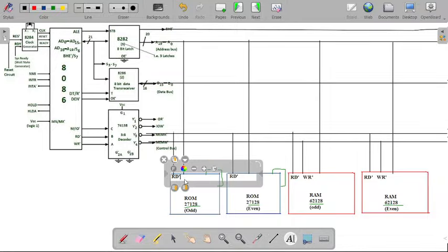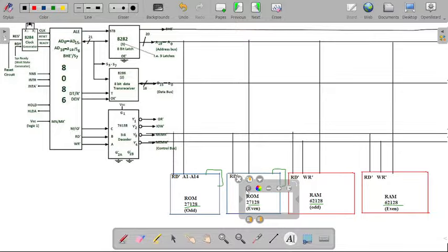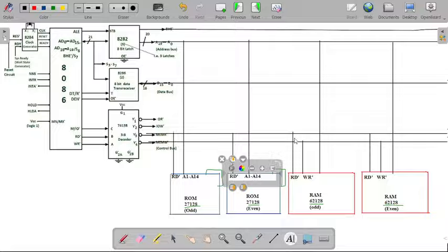And we have to write here whatever we have given, that is address line 1 to address line 14. Here also you are writing the same, address line 1 to address line 14.